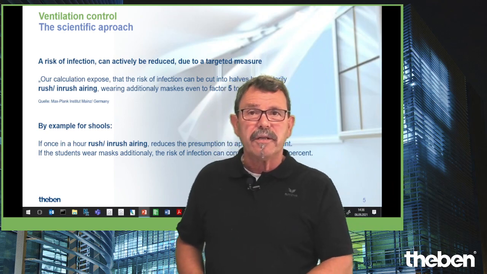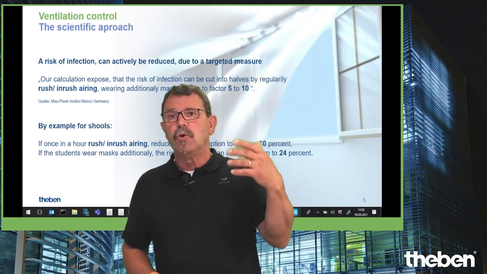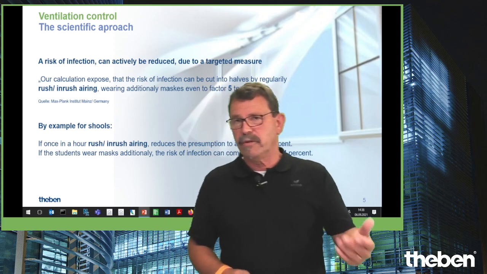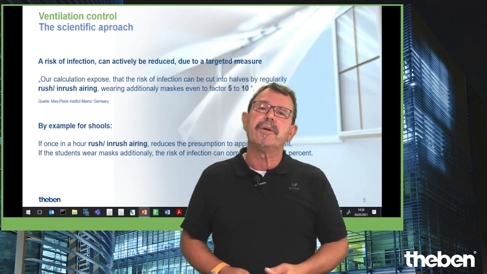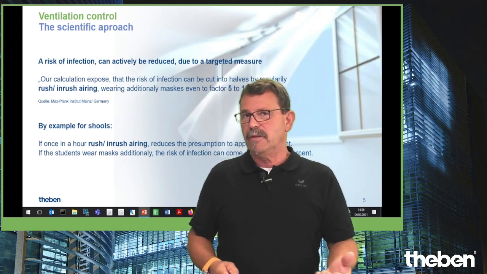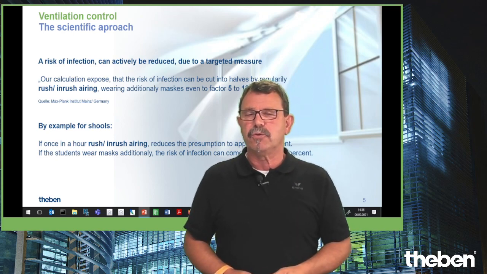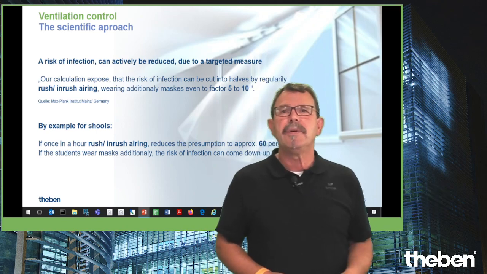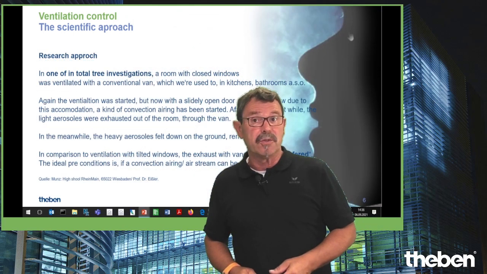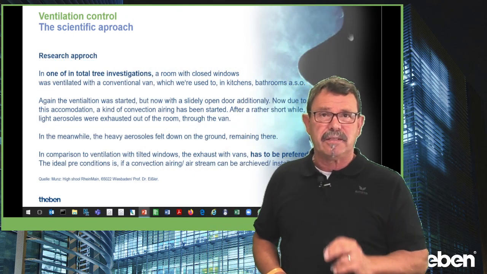That means you have to announce someone to open the door or the window to get the natural airing. Just tilting a window is not good enough. You need a natural air stream to bring out these aerosols, specifically the light aerosols.